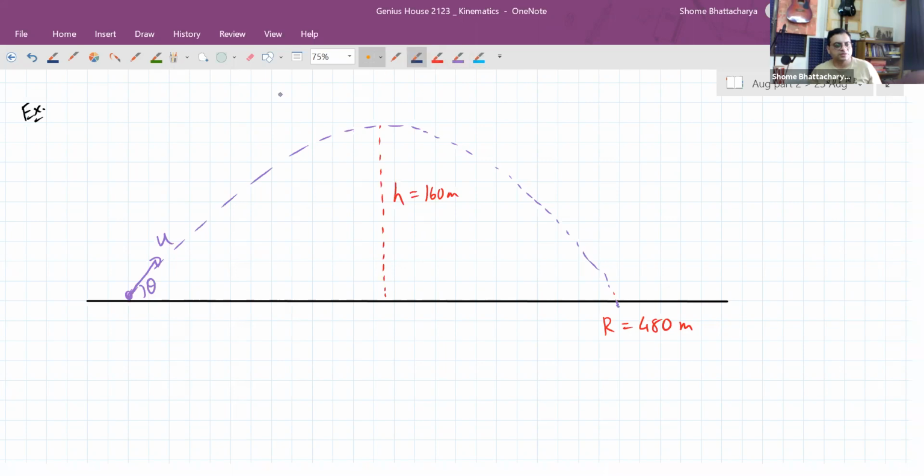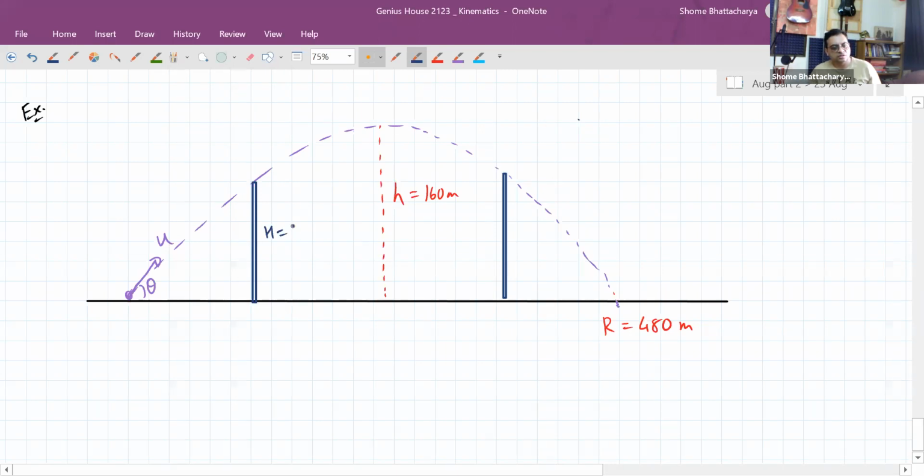Now, something very interesting. It's given to us that there are two walls which the projectile just about clears. So these walls are of the same height of, let's say, 100 meters each.